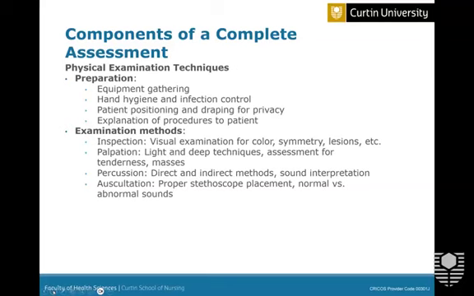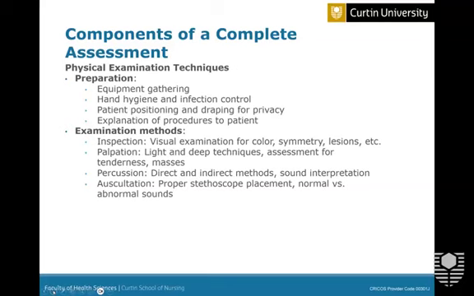We're looking for tenderness, and we may be palpating for masses. Percussion is a direct and indirect method, and we use sound interpretation to help guide what we are finding. And then auscultation is the proper use of the stethoscope to give us normal or abnormal sounds.